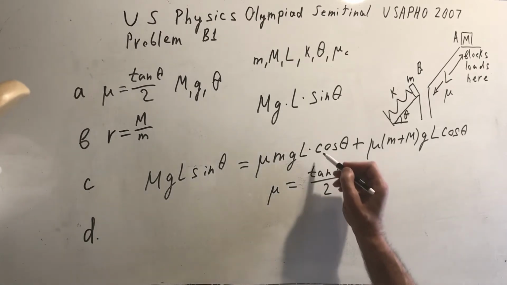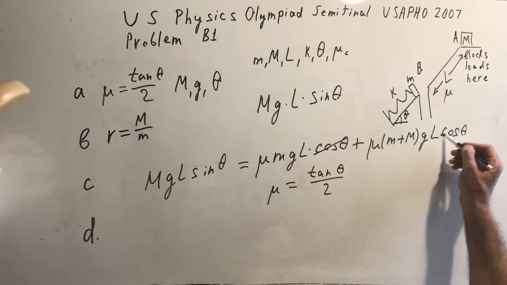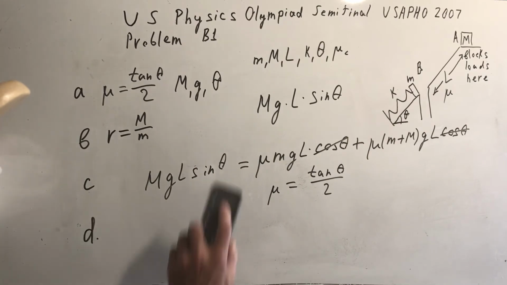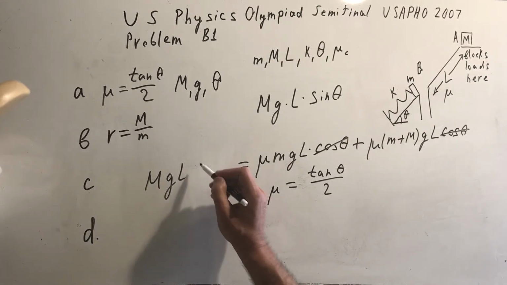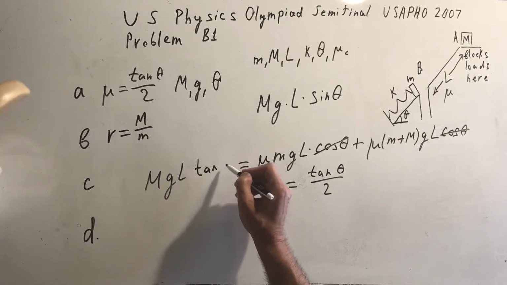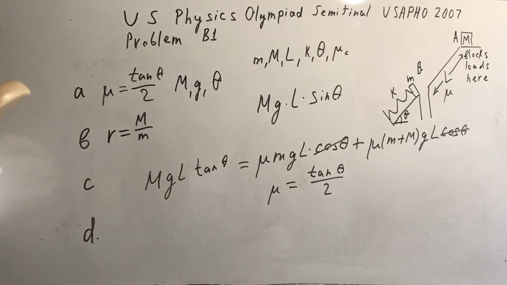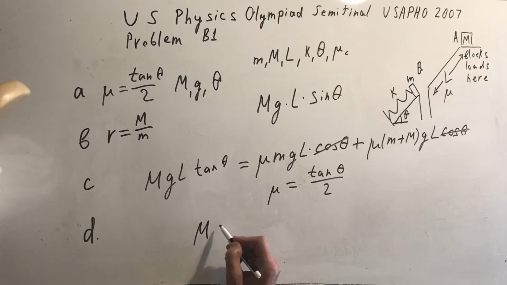So we can move this cosine to the left, so that will be tangent theta. Instead of mu, we can put tangent theta over 2, and finally we have such an expression.